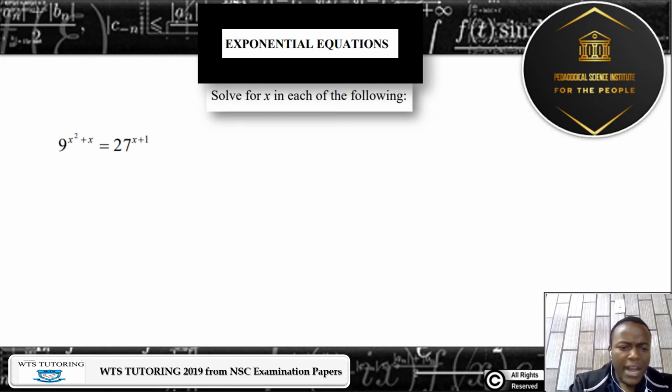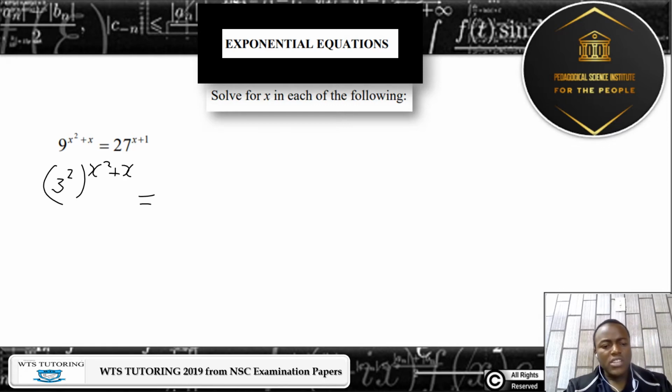And we know 9 is the same as 3 squared, then it's still multiplied to x squared plus x, which is equal to, let's check 27. 27 is the same as 3 exponent what? It's 3 exponent 3, but we still have x plus 1 there.